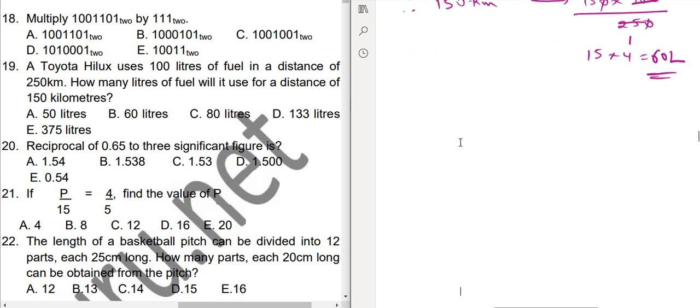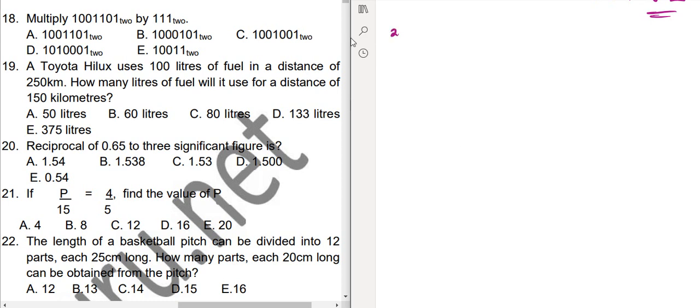Reciprocal of 0.65 to 3 significant figures. Okay, after 20 we should change the mic now, right? Give it to Dara. You guys put yours off. Why? You should have been the one that did it.